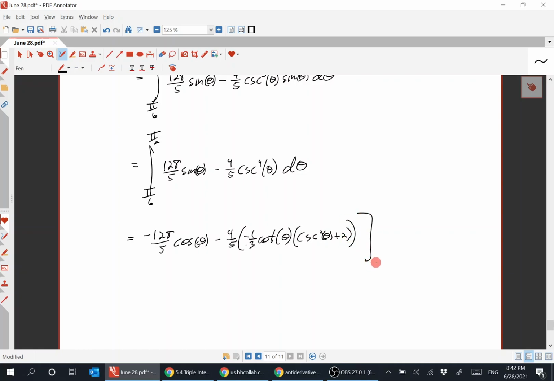And all this mess from pi over 2 to pi over 6.